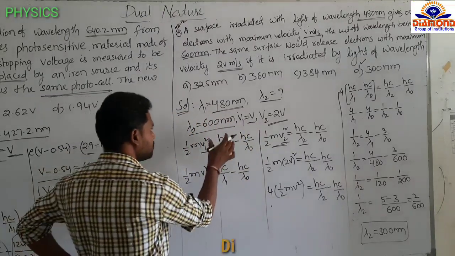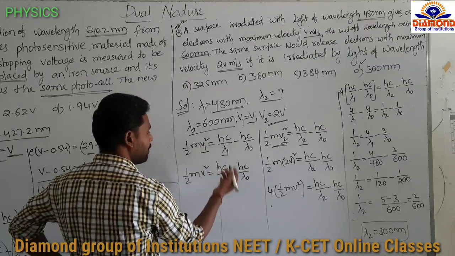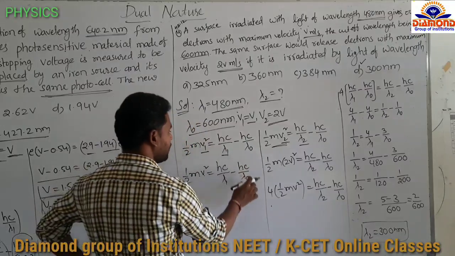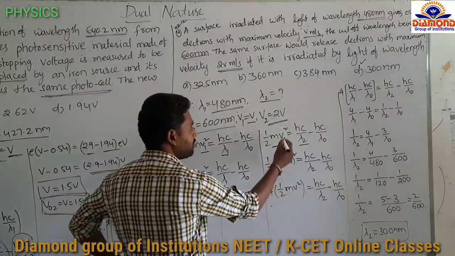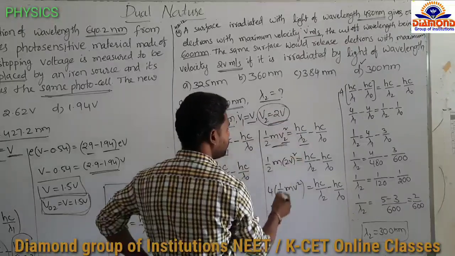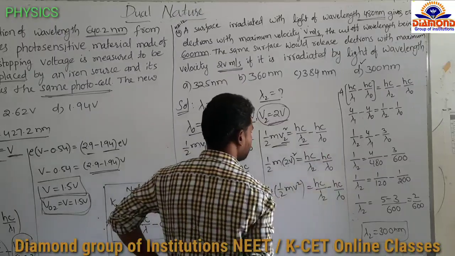Okay, now substitute the values. In the first case, the v1 value they gave is v, and I am keeping hc by lambda 1 like this, the same, because I will do some simplification there. So hc by lambda naught here. The v2 value they gave is 2v, so I am substituting 2v here, 2v whole square, equal to hc by lambda 2 minus hc by lambda naught.